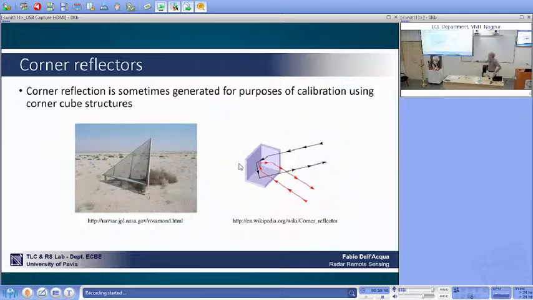Because if you build a structure like this made of metal with known measures, with known conductivity in a known place, then you can expect a known amount of backscatter from it. And so you can tune the reading of the system based on what you expect from such a structure.